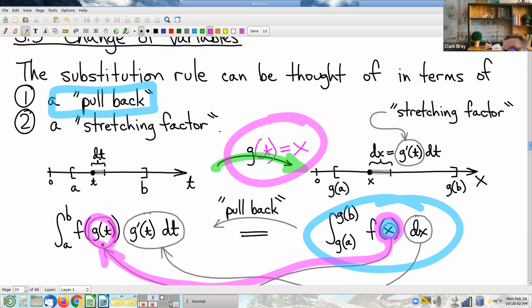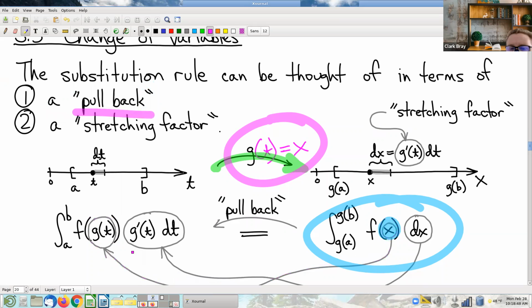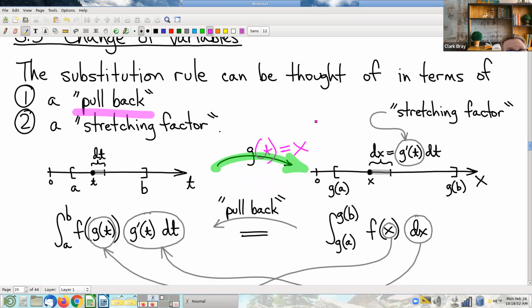All right. So this term pullback is a nice term that we're going to be using a lot to describe the fact that we are, in fact, going backwards through the direction that the function is actually going. Okay, so a lot of the pullback is pretty straightforward.